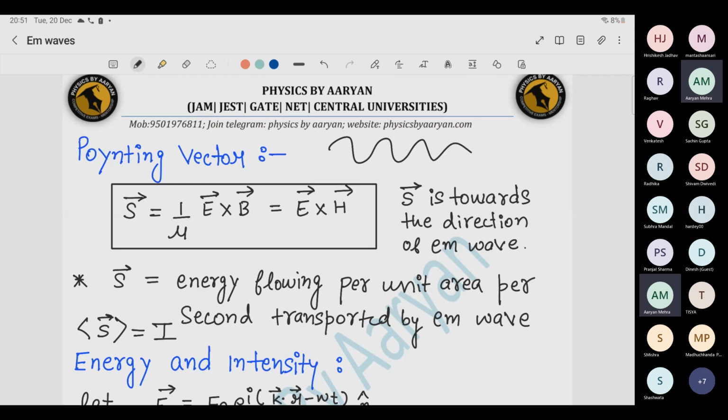Yes, Hardy, tell me. Sir, can we also say that we cannot measure the instantaneous value experimentally? Even if you don't want to, you can't measure it. Experimentally, the EM wave will give that to your system, right? That's right. Experimentally, we can only measure the time average.